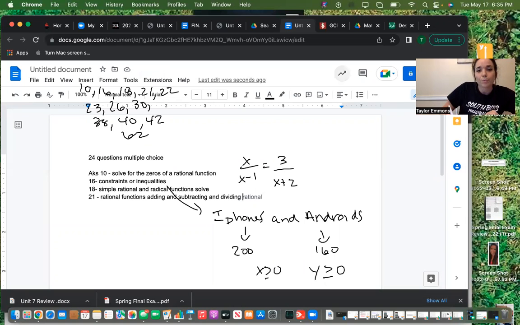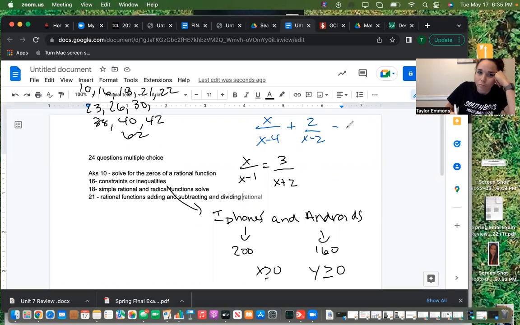So something like that would be, okay, solve for x. So remember, you would have to have the same denominator. So you would multiply this guy by x minus 2, multiply this guy by x minus 4, and then solve from there.